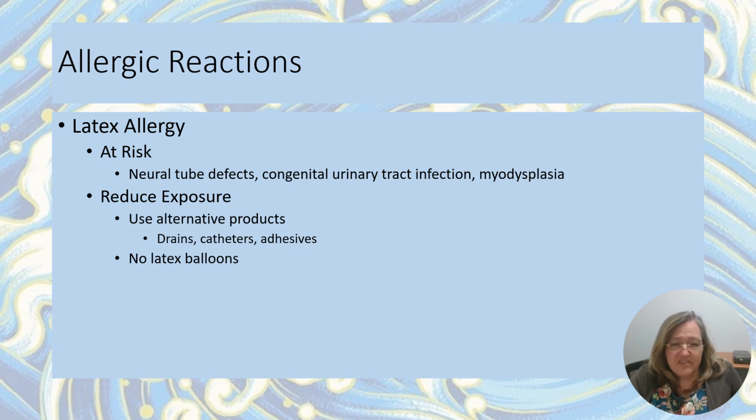But it's still out there, and the people at the highest risk for latex allergies now are people with neural tube defects, congenital urinary tract anomalies, and myelodysplasia, because they still have direct contact with latex.